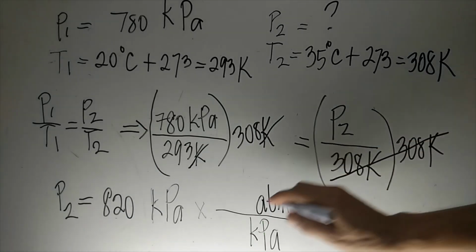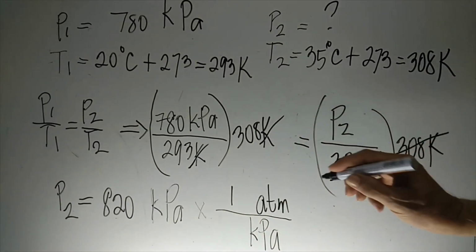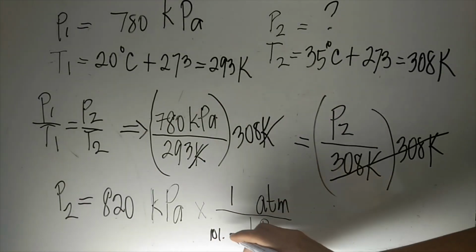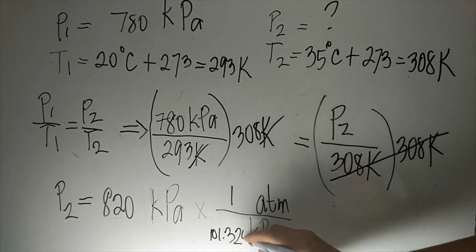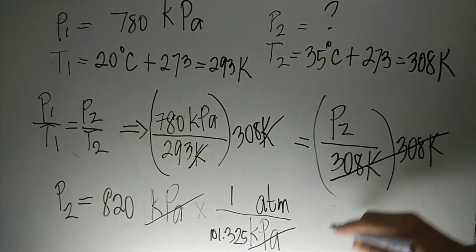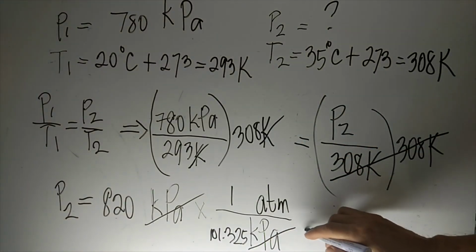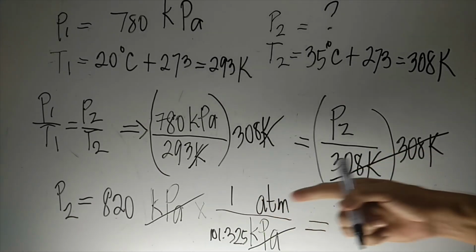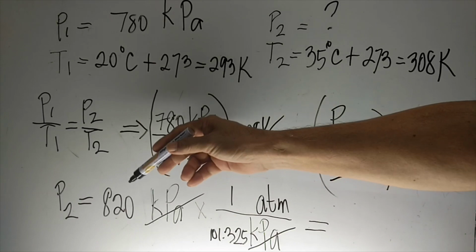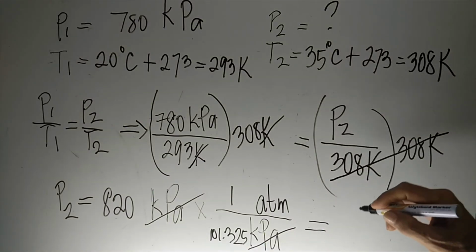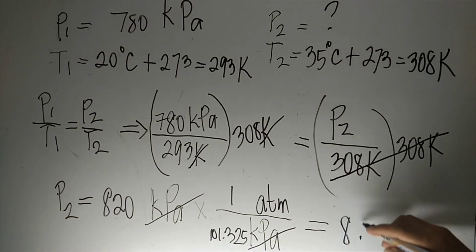So the relationship is 1 atmosphere is equivalent to 101.325 kilopascals. So this cancels with this one, and the remaining unit will be atmosphere. And then using your calculator, 820 times 1 divided by 101.325 will give us a value of 8.1 atmosphere.